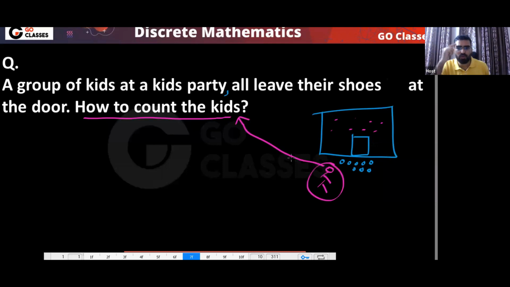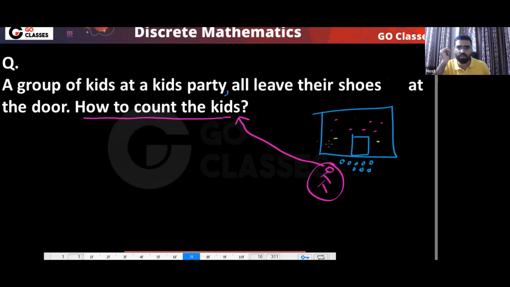Now you have to apply your brain. It's like you are Sherlock Holmes, or maybe Jasus Vijay or Vyomkesh Bakshi. We don't know how many kids are there. This is your actual problem: you want to count the number of kids. What is easy is to count the number of shoes.